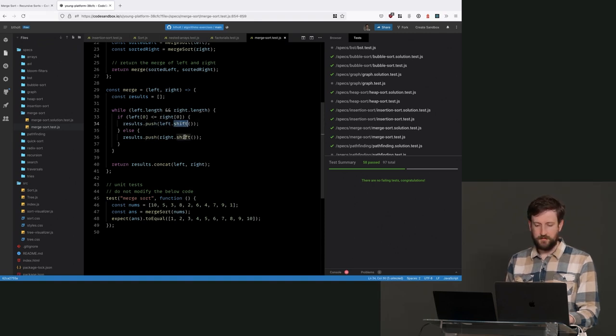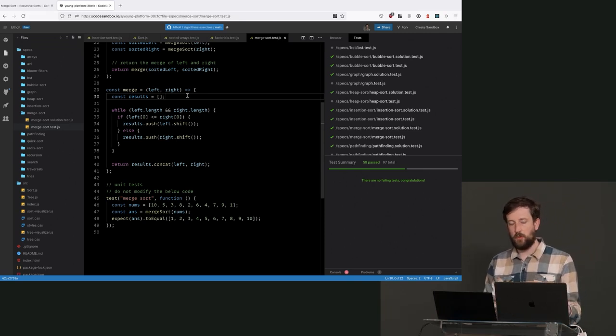Basically, this shift functionality could actually be quite inefficient, depending on how the array is implemented. If you understand that stuff is coming off the front, we could have done this with counters, with two for loops and an i and a j that's moving forward.